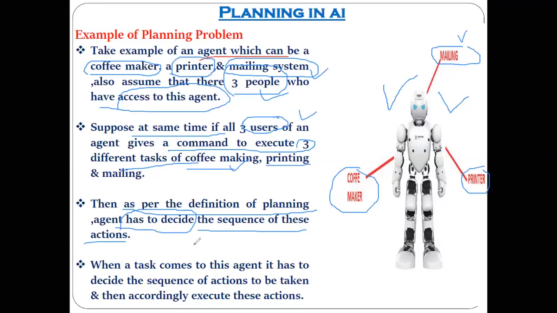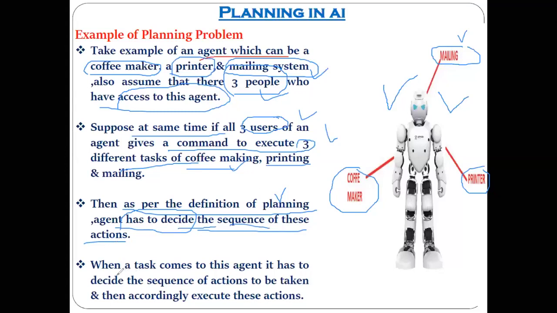So for that, there is a need for more than one AI agent, but these three tasks are at different places. Understood? So for this example, the AI agent has to do some planning. According to the definition, planning is nothing but deciding on some sequence of actions in order to perform these tasks.